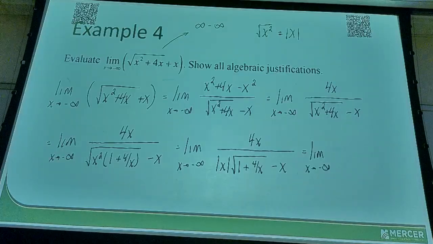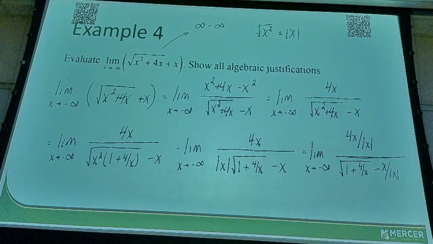I'm going to multiply both numerator and denominator by 1 over absolute value of x. How would that simplify?